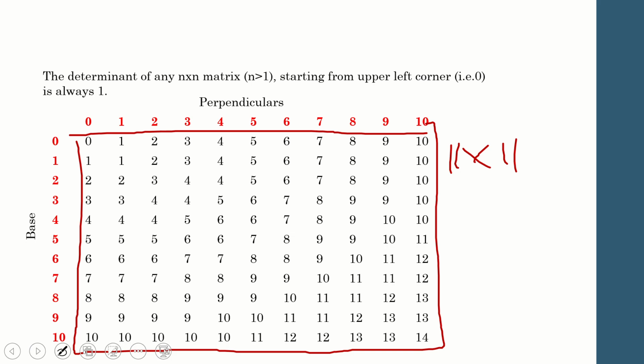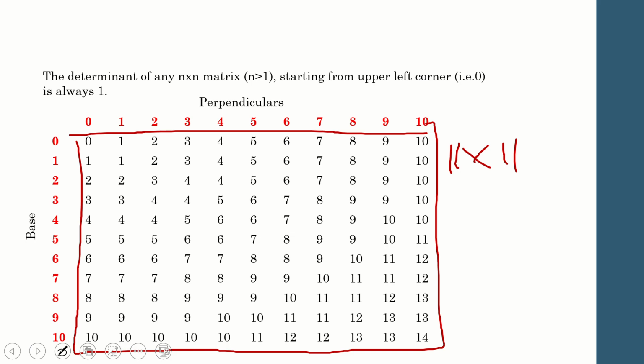Just the same way you have to apply row and column operation, and under that you eliminate, you will reach a consideration part where you have to solve it.